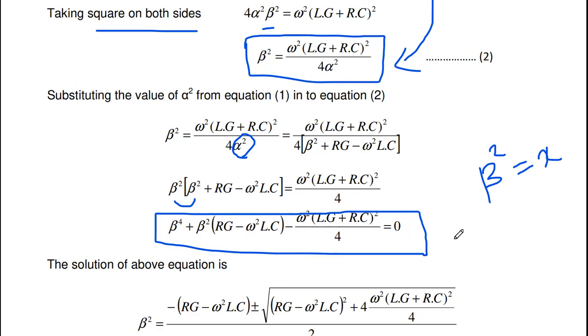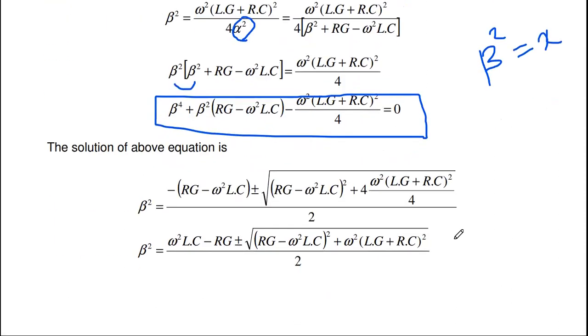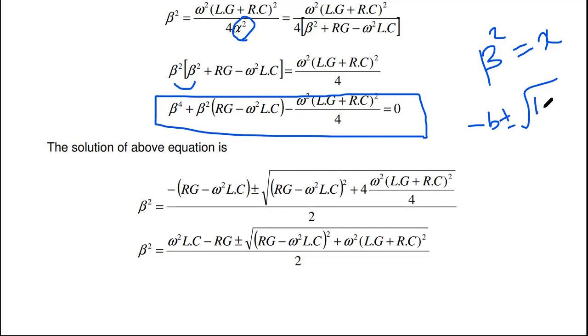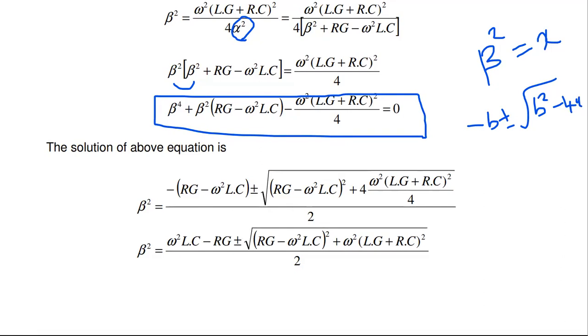You already know the solution of the quadratic equation: the roots are calculated by the formula minus b plus or minus square root of b squared minus 4ac, divided by 2a. Here a is the coefficient of beta power 4, and b is the coefficient of beta squared.